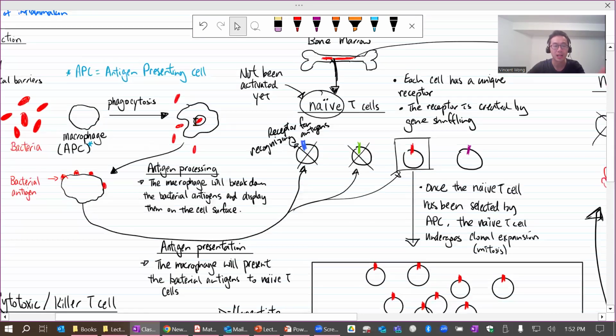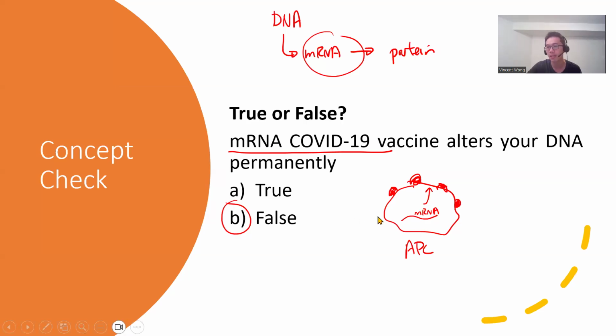The only difference is rather than doing the phagocytosis and then antigen processing, we are feeding the APC the exact sequence that we want them to make, which is why mRNA vaccines are very powerful. And with the right code, with the right mRNA, theoretically we can put any antigens on the surface of the APC and allow them to trigger an immune response to it.